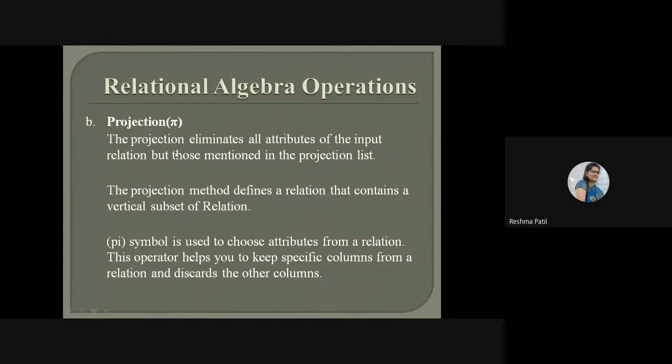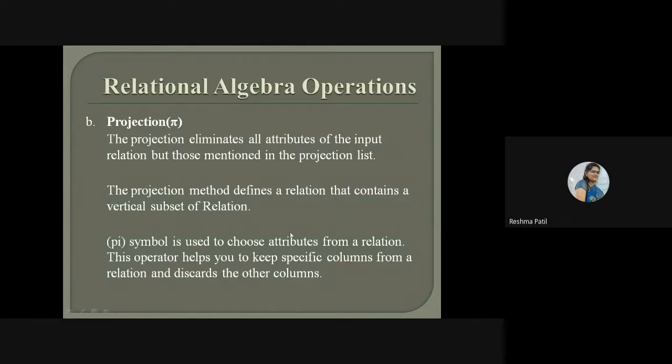So the projection eliminates all attributes of the input relation except those mentioned in the projection list. Only the attributes mentioned in the projection list will be shown to the user. The projection method defines a relation that contains a vertical subset of a relation.